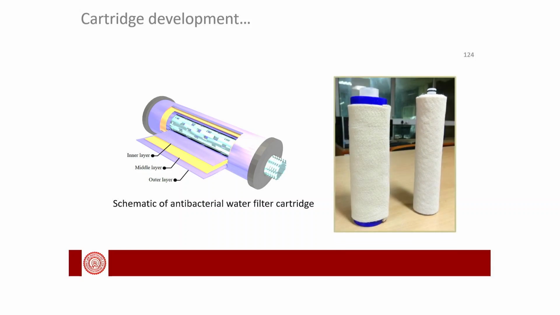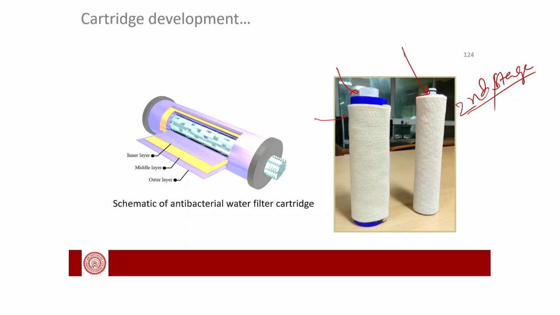Now, this is the scheme and the photograph of this cartridge. By replacing the normal water filter with this cartridge, we tested the water quality. That was done initially, and finally this developed cartridge was used for the second stage of filtration in the system which we have developed.